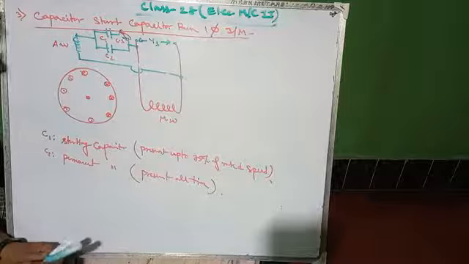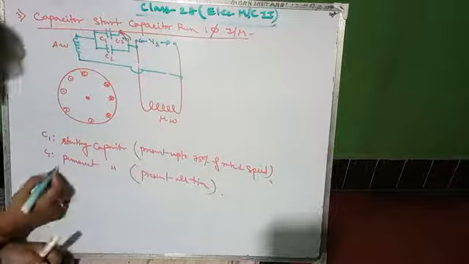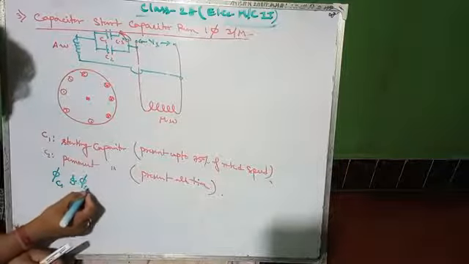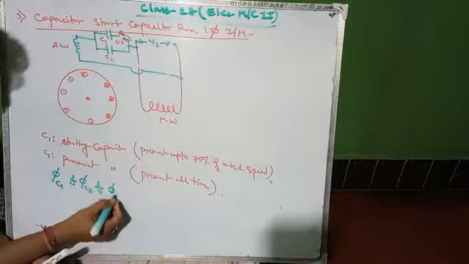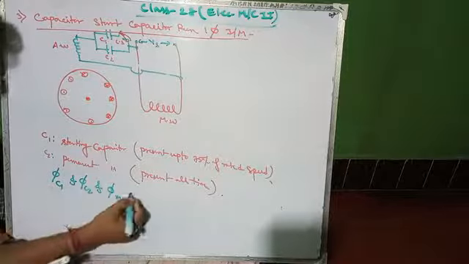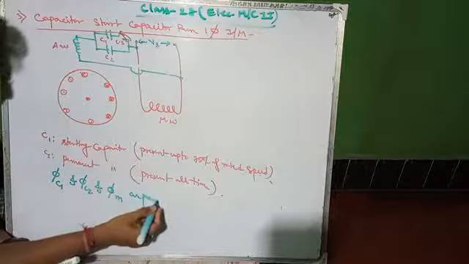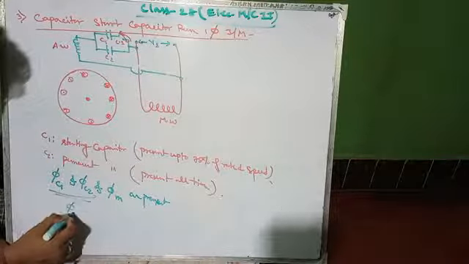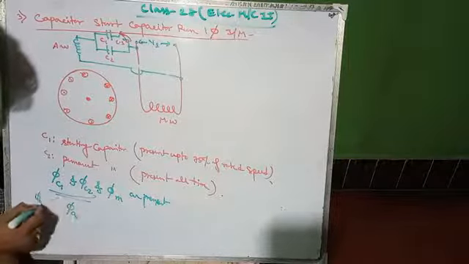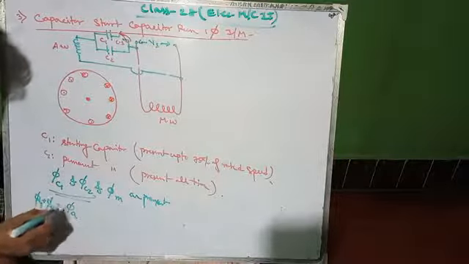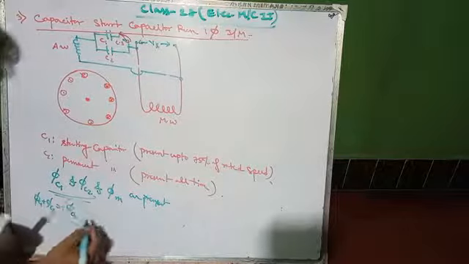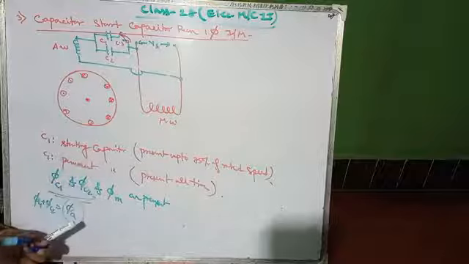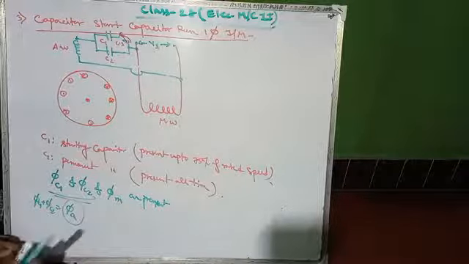So at the moment of starting, there are three fluxes present: phi C1, phi C2 and phi M. This phi C1 and phi C2 will provide phi A. So phi C1 plus phi C2 equals phi A. This phi A will produce higher efficiency than that of the previous case, the capacitor split phase induction motor.